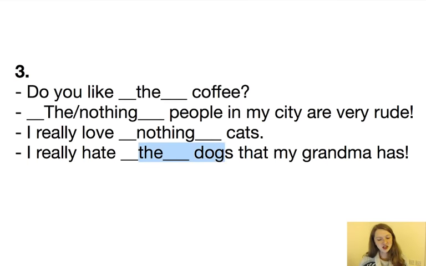Why is it the dogs? Because they're specific dogs. Not all dogs. If I said I really hate dogs, stop, then that means dogs in general. I really hate the dogs that my grandma has, these specific dogs, but in general I like them, but it's these specific ones that I don't like.